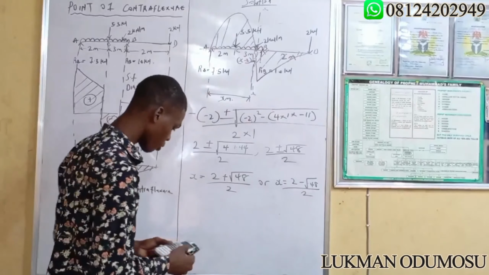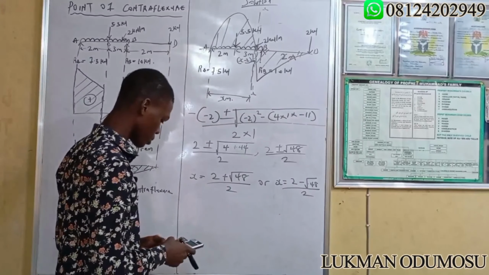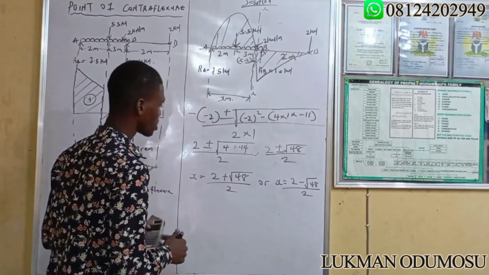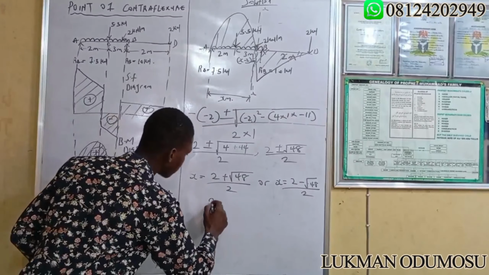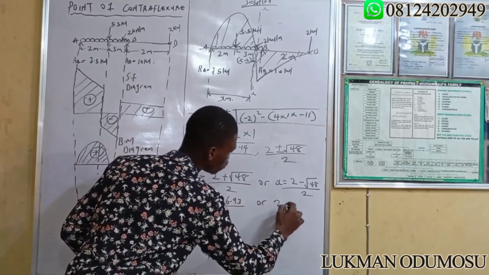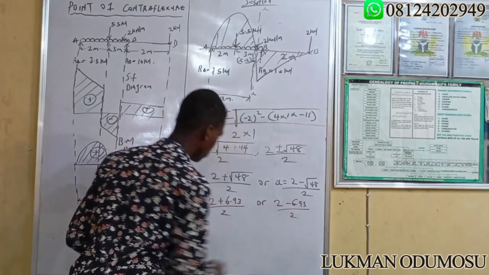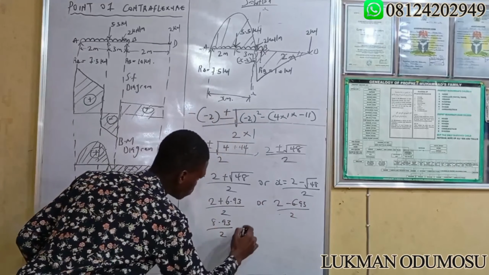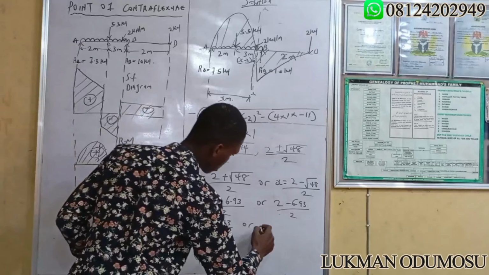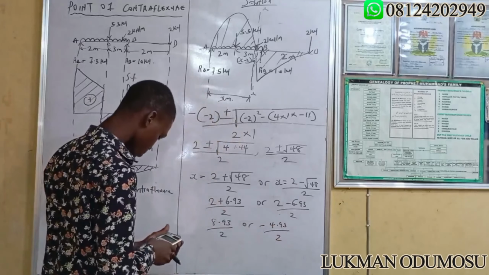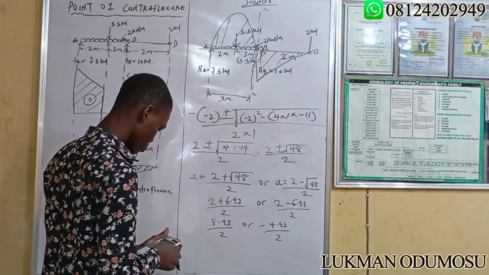So from here, the square root of 48 is 6.93. Let's confirm that. Okay, 6.93, meaning I have 2 plus 6.93 divided by 2, or 2 minus 6.93 divided by 2. Then I have 8.93 divided by 2, or minus 4.93 divided by 2.